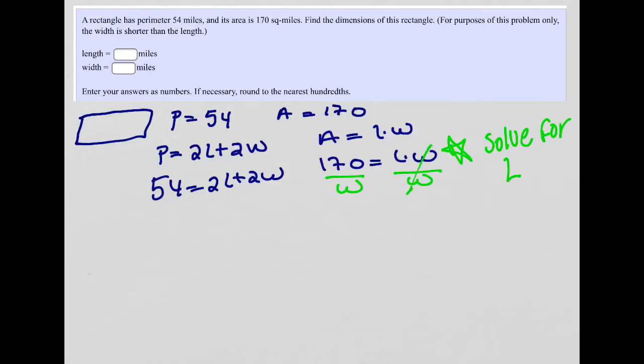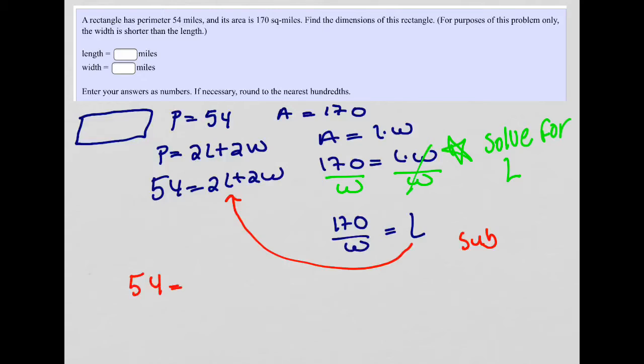That leaves me with 170 over W equals the L. Now I'm going to substitute this L in here. So that will look like this: 54 equals 2 times 170 over W plus 2W.